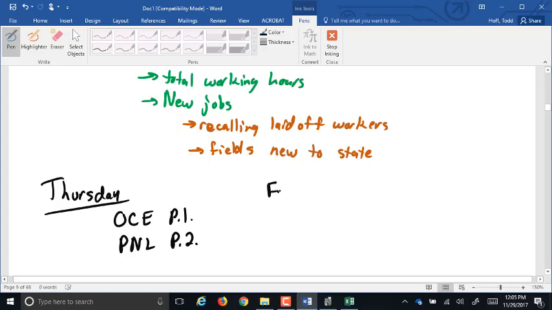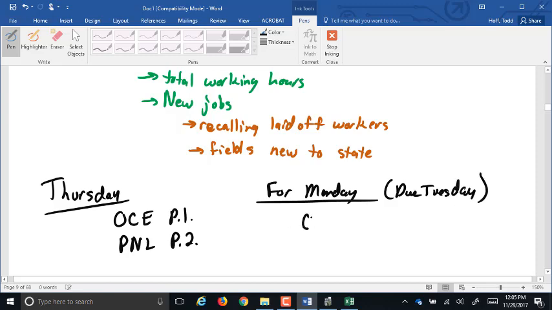And then to work on for next Monday, which will actually be due on Tuesday, is the OCE for, I put P there, that should be S. I don't know why I put P in there. S1 and S2. The OCE for S2, work on for Monday, and the P&L for S3 for Monday. Anybody have any questions?